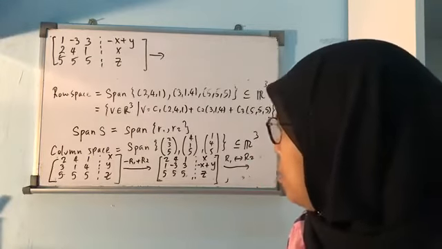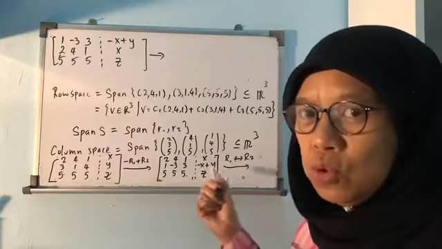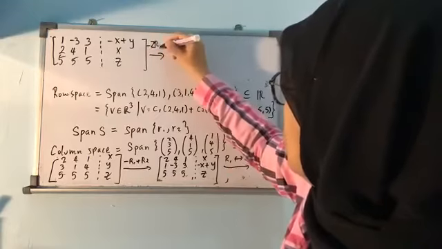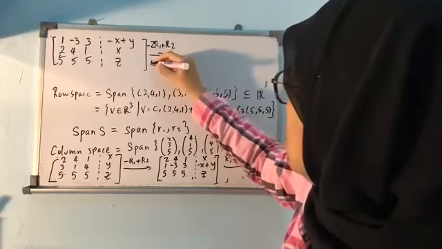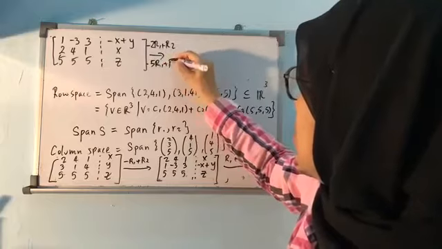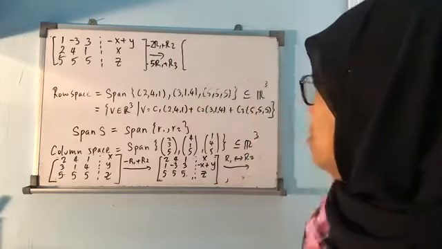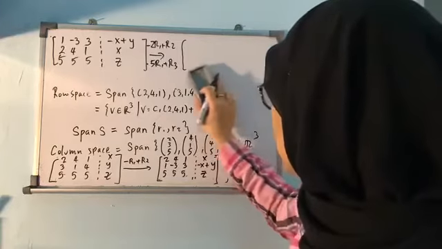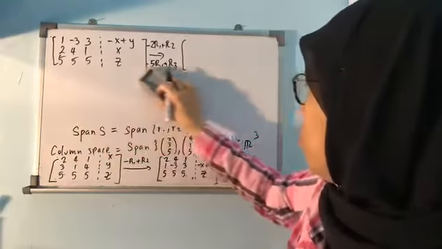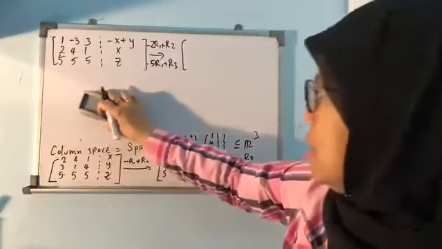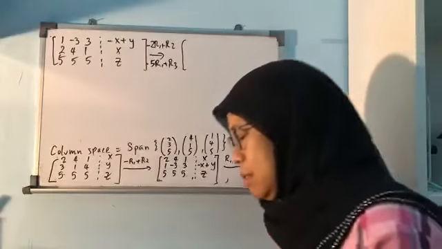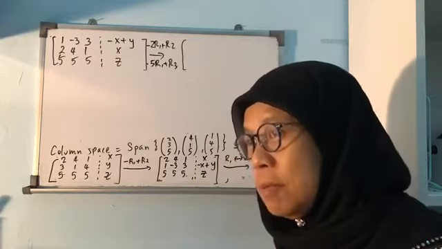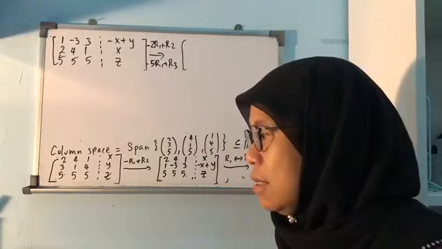In this problem, you have to go through 2 operations and you get 1. Negative 2 r1 plus r2, negative 5 r1 plus r3. So you see, this section is just, you have to know the definition of row space and column space. The working is just like the previous section, like finding the spanning, finding the basis.